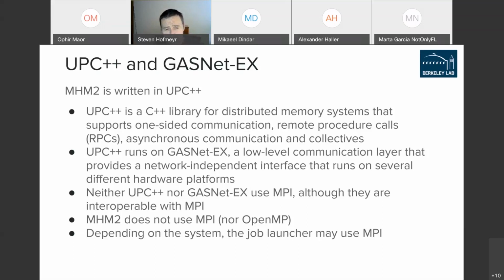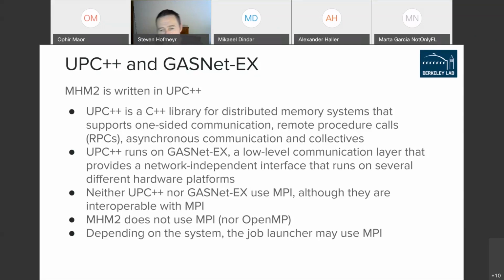As I said, neither of these systems use MPI. They are interoperable with MPI, as we've seen people using MPI with UPC++. Also, just to clarify, MetaHipMer uses UPC++ as a process-based model.